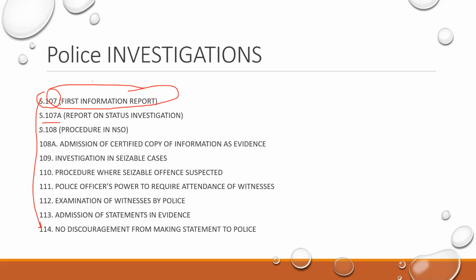Then you have section 108 and section 108A, which is the issuance of a copy of this FIR, as well as the procedures that govern the police, provided under section 108 as well as section 109. You can see a distinction in how the police will treat a seizable offence or a non-seizable offence. We'll discuss it later.